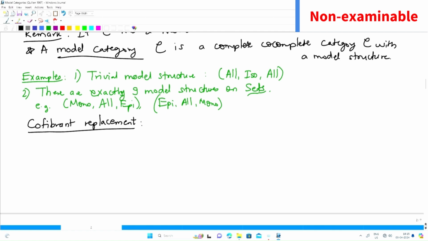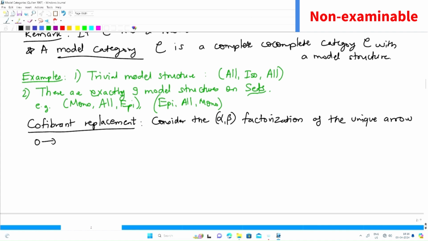So consider the alpha beta factorization of the unique arrow from 0 to X.